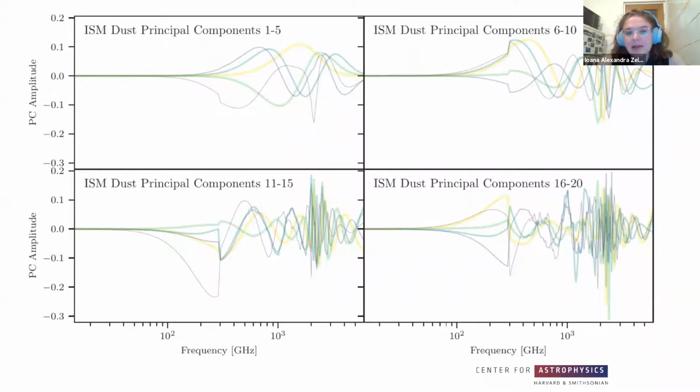So these are the principal components for the spectral energy distributions for the dust, and these are the first 20. I only took the first 20 of them because their contribution to the importance in modeling the emission decreases as the number of components increases.